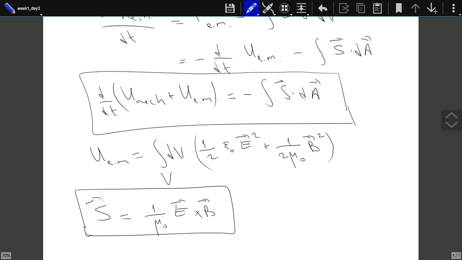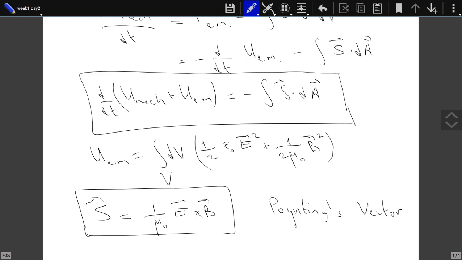Poynting vector, what is it? It's the flow of energy. If my system is changing in time, you see, I have all these charged objects around. If those charged objects are moving around, they will create a magnetic field, B field.